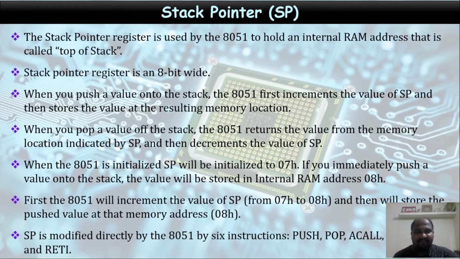When the 8051 is initialized, stack pointer will be initialized to 07H. If you immediately push a value onto the stack, the value will be stored in the internal RAM address 08H. So first the 8051 will increment the value of stack pointer from 07H to 08H, and then will store the pushed value at that memory address 08H.